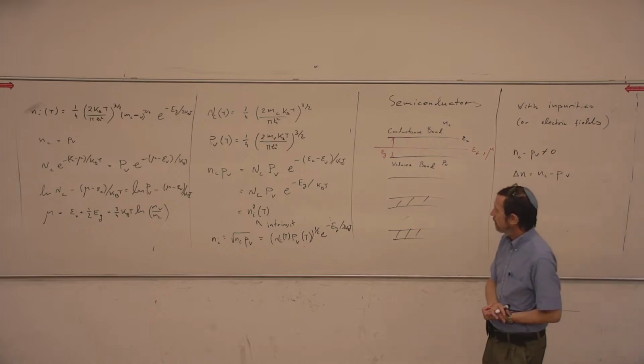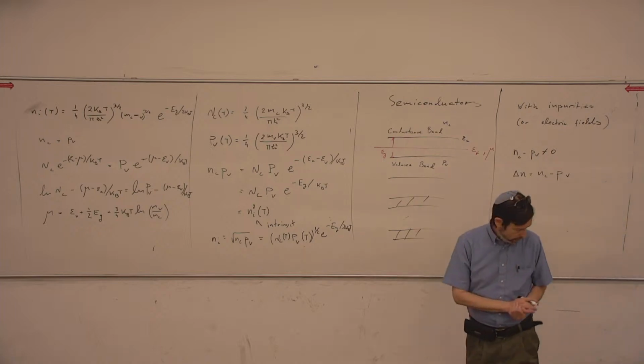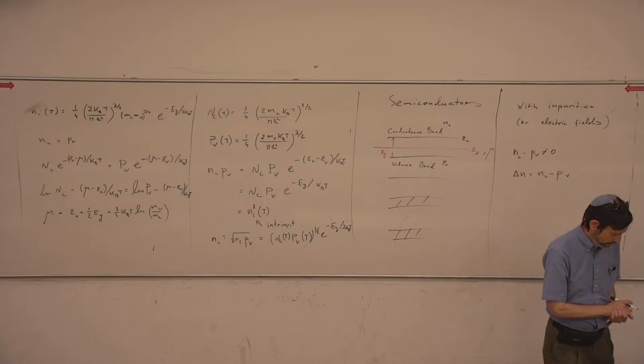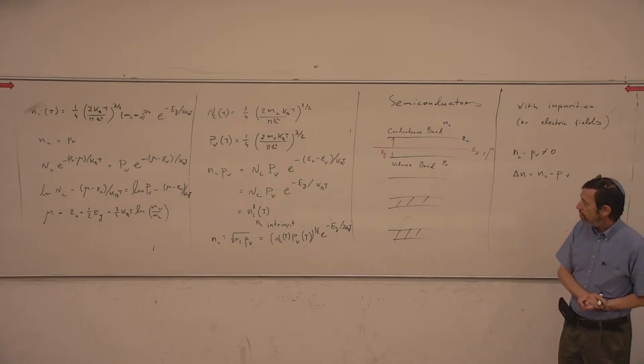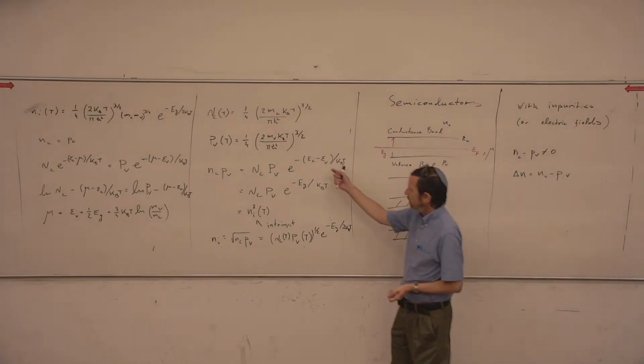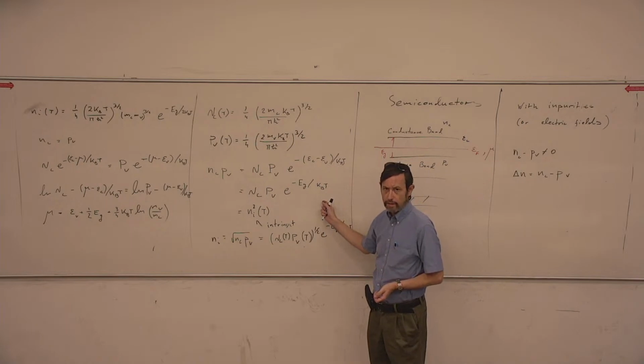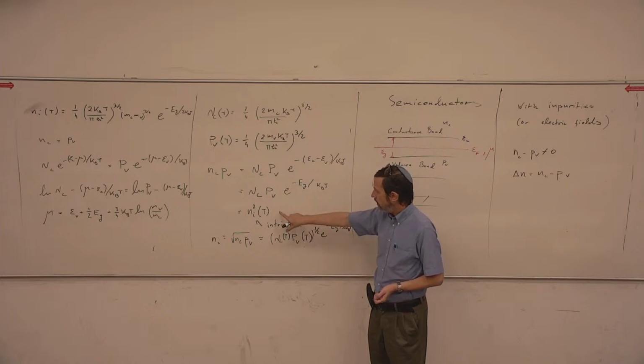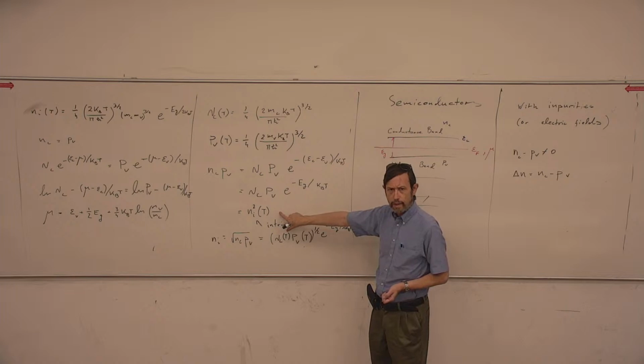Okay, but let's stop a minute and look back at the development that we did here. Until here, did we assume that the number of holes is equal to the number of electrons?